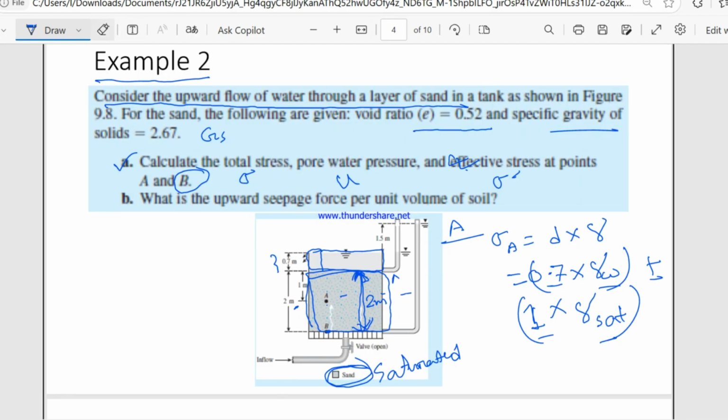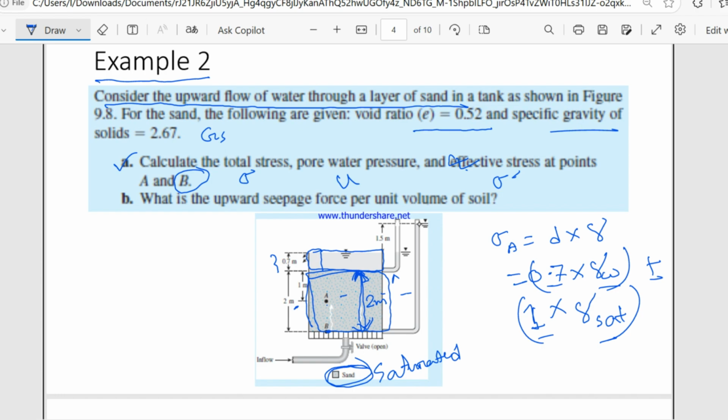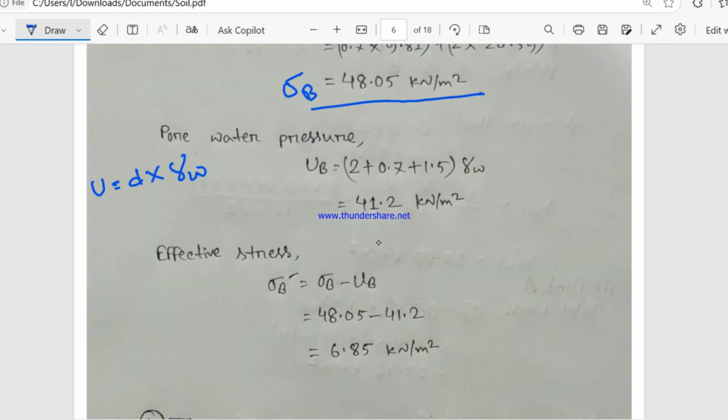The total distance is 1.5, plus 0.7, plus 2, so the total distance will be 2.7, the 1.5 times water unit weight. So the pore water pressure at point B will be 41.2 kilonewton per meter square.